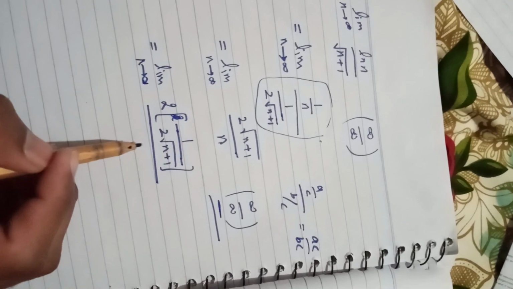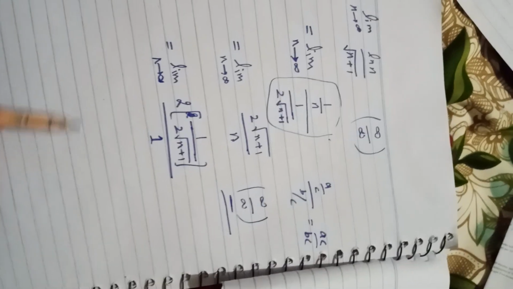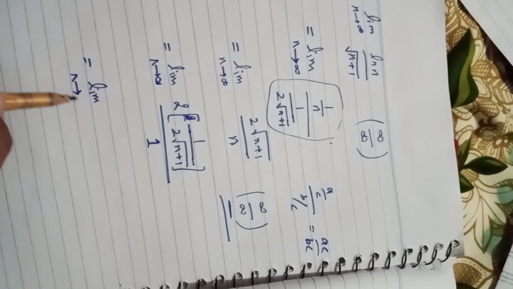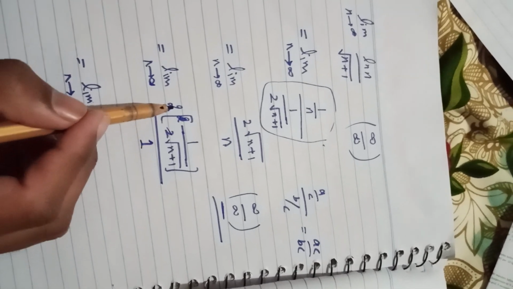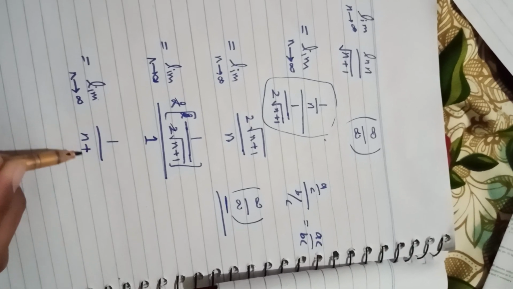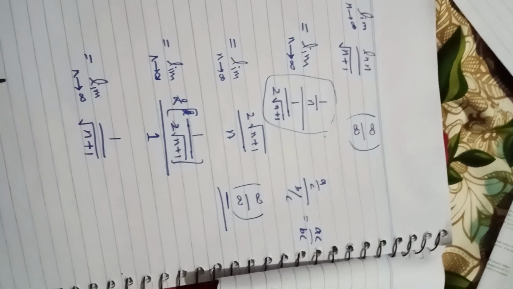What is the derivative of n? It is 1. The limit will remain the same, limit n approaches infinity. This 2 is cancelled by this 2, and we get 1 over square root of n plus 1.